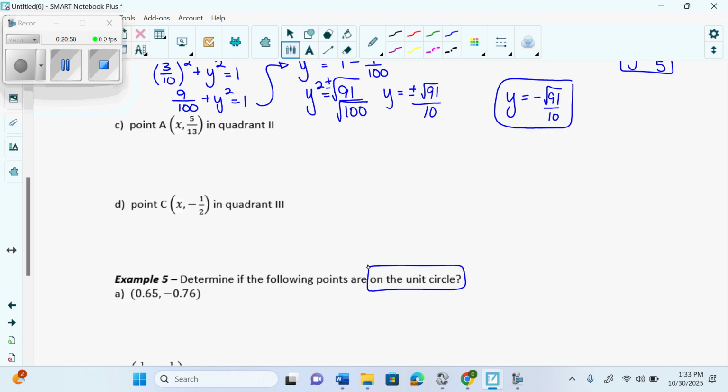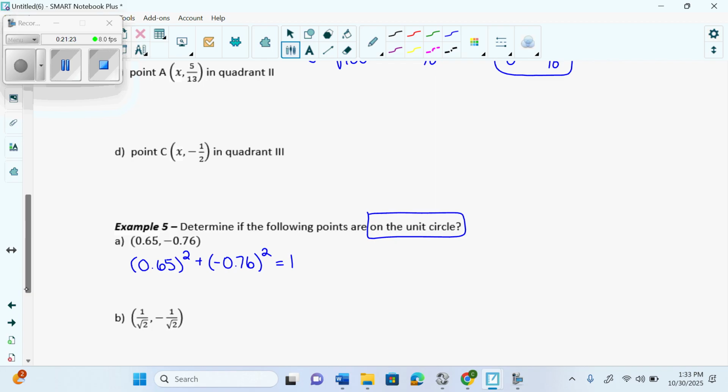So remember, in order for something to be on the unit circle, it has to have a radius of 1. Or else, if its radius is too big, it's outside the circle. If its radius is too small, it's inside the circle. But it's not on the circle, correct? So if I take 0.65 and I square it, and I add negative 0.76 and I square it, it should equal 1. It does not.